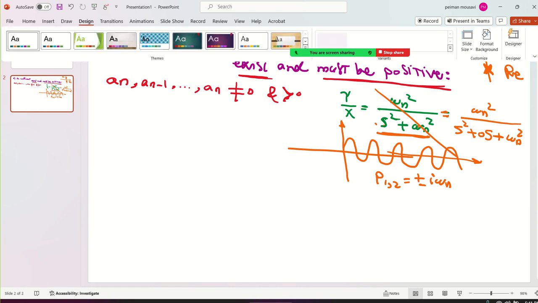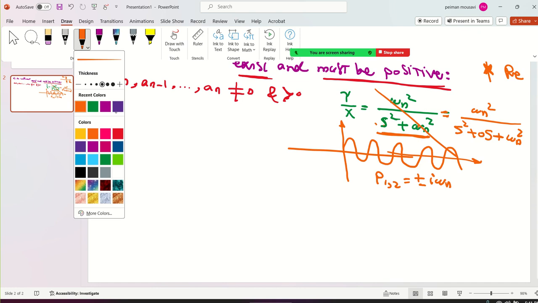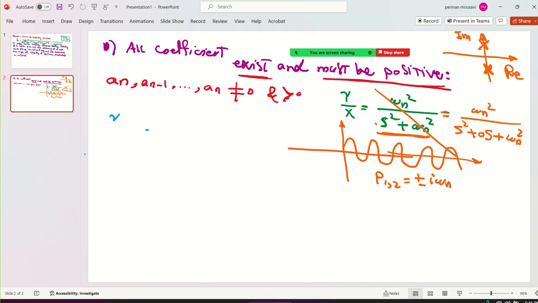Or if you have this system, for example, the closed-loop transfer function Y over X is 1 over s cubed plus s squared plus 2s minus 1. Is this system stable, without even solving it?